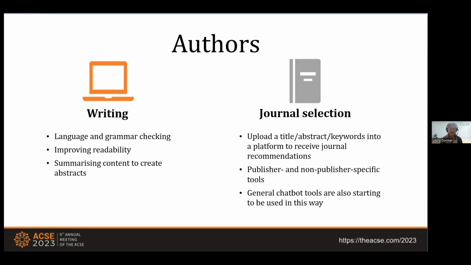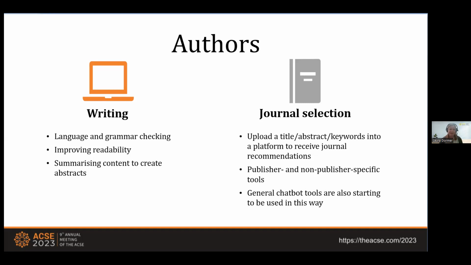It's just starting to be used to potentially improve the quality of writing, although I'd say there are plenty of caveats to using those tools at the moment to generate text. But they do have some uses that are starting to be available now, like summarizing longer content to create abstracts, for example, which I'll come on to in my next slide with a quick example of a plain language summary. These are useful in terms of quality of writing. They could also help with some of the inequalities experienced by authors for whom English isn't their first language.